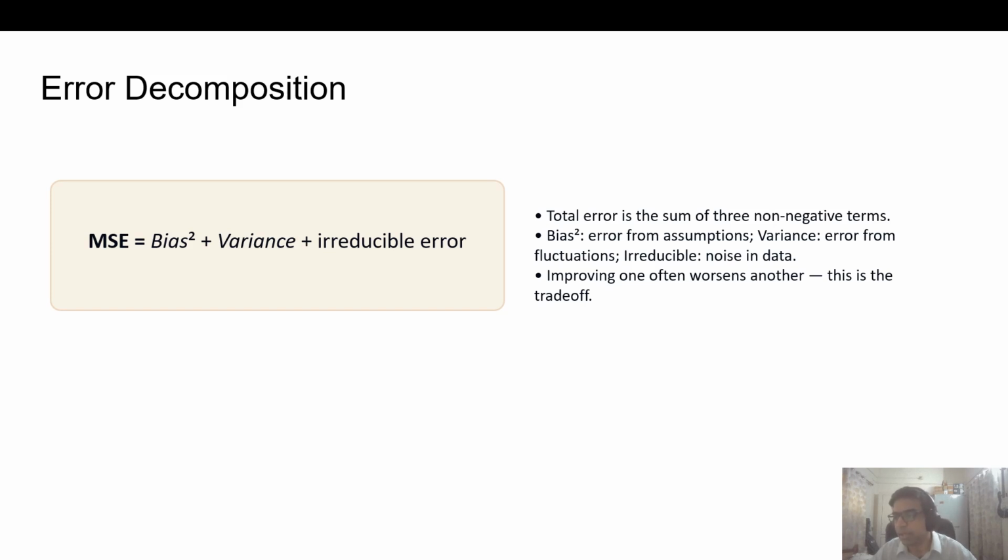So this equation highlights the trade-off, which is lowering bias. A way to do that will be increasing model complexity. So lowering bias tends to raise variance and vice versa. So the goal is to strike a balance where the sum of bias squared and variance can be minimized.